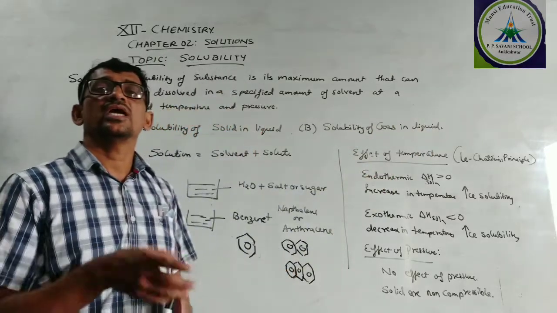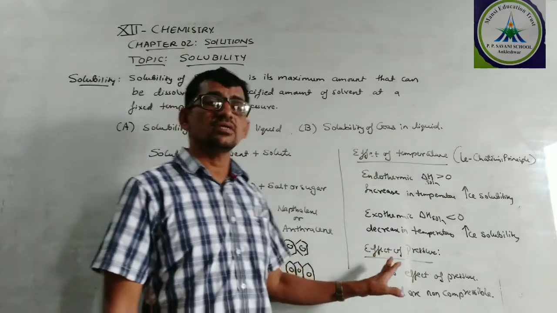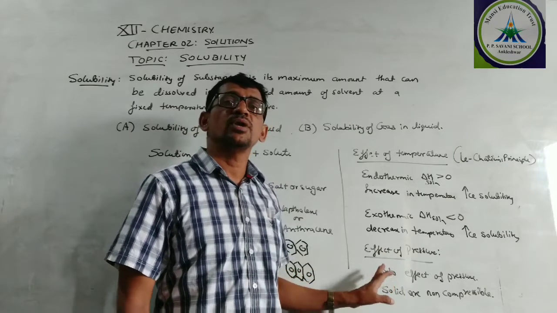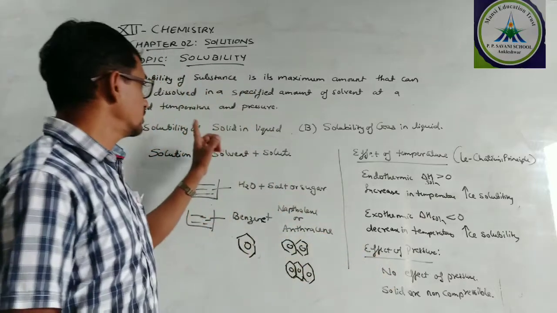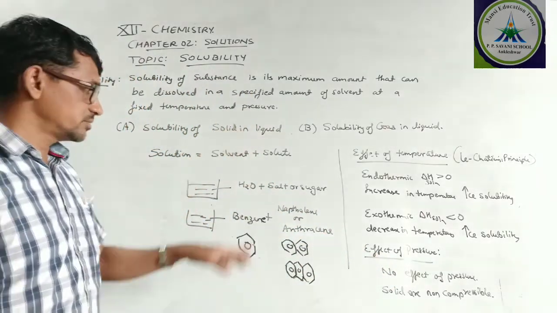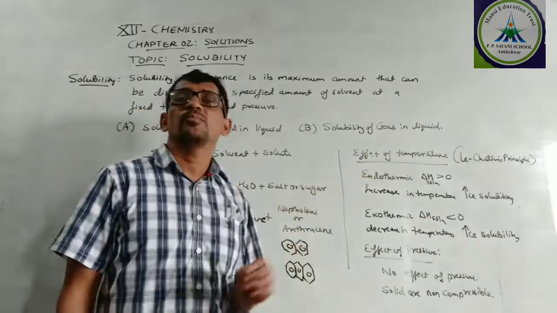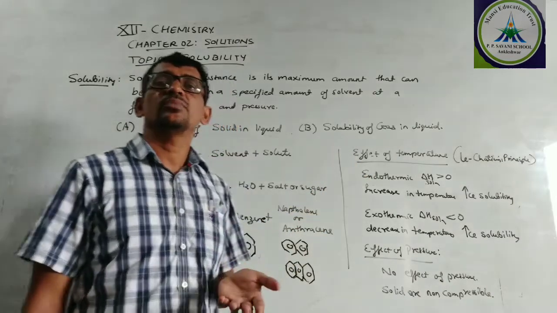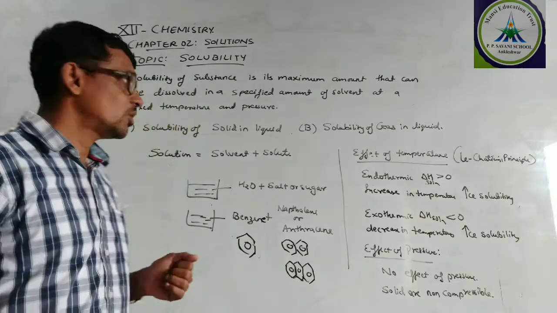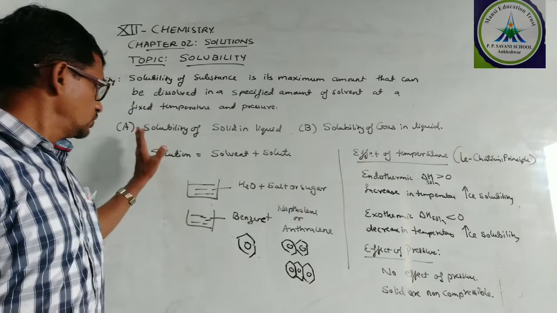If you want to dissolve a gas in a liquid, then pressure plays an important role, and solubility increases or decreases depending on pressure. But for the solubility of a solid in a liquid, only temperature plays an important role. Increase or decrease in temperature will affect the solubility.